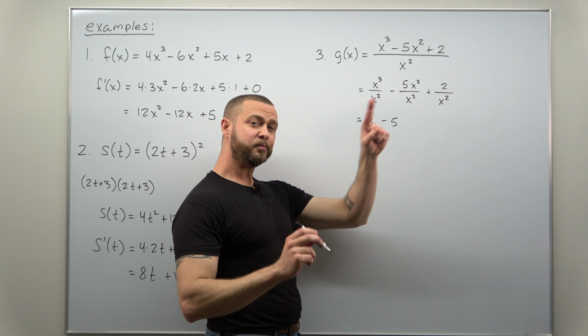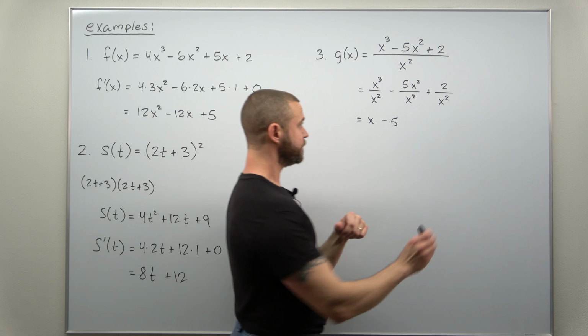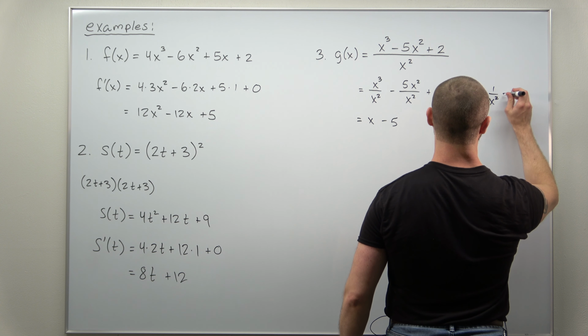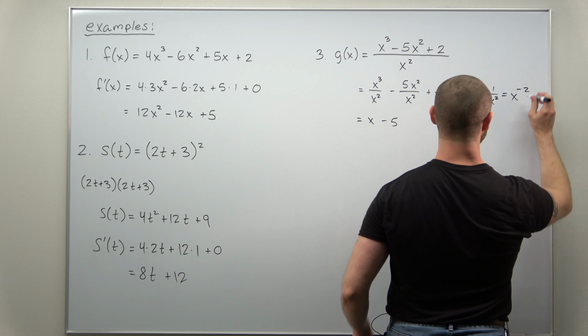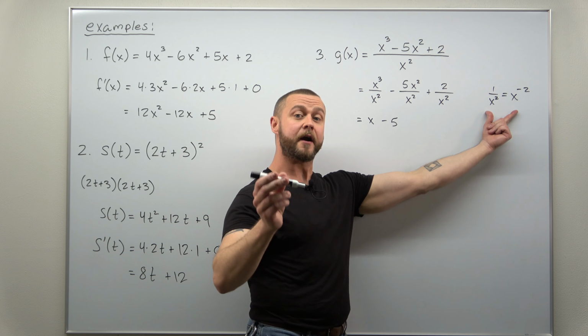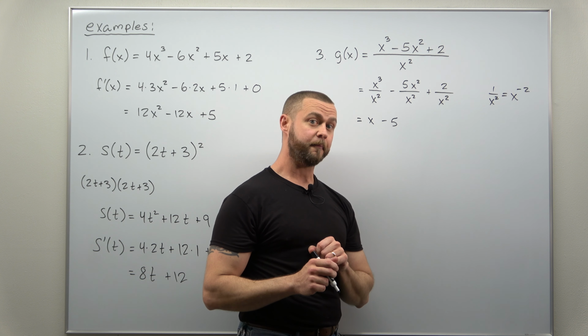And the last term, 2 over x squared, we're going to rewrite that as a power. And what we're going to be using is 1 over x squared. We can rewrite that as a negative power, x to the negative 2. And that's a very common trick or technique that you'll want to be comfortable with.